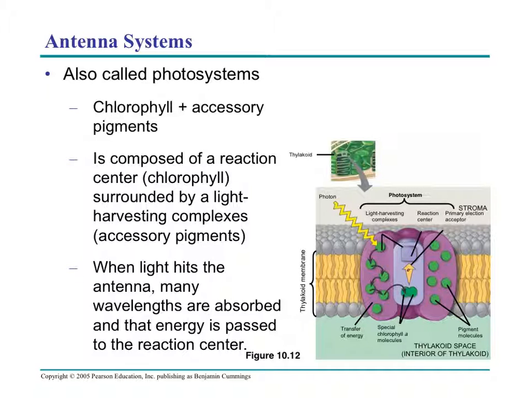Now we're going to talk more in just a minute and look at some diagrams about where that excited electron is going and what it's doing. But remember that the energy from the photon, when it's absorbed, is passed around at that higher energy state, and then it is collected and captured, if you will, and harvested in a way that can do work.